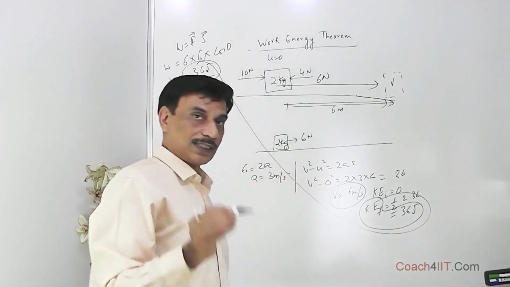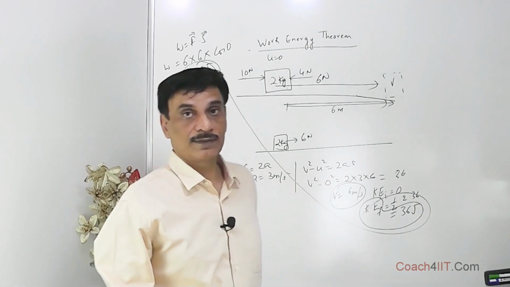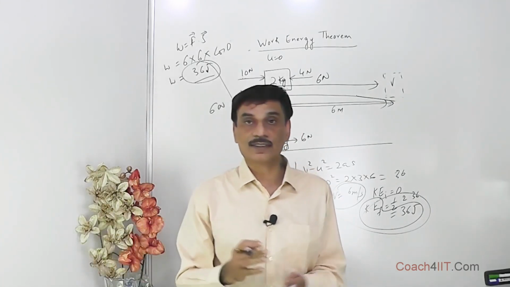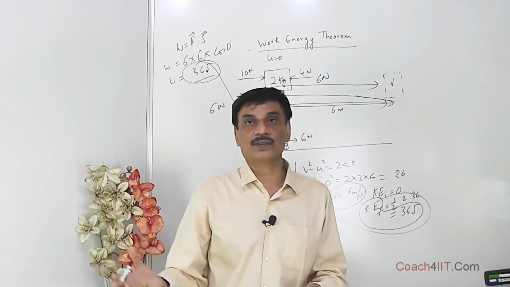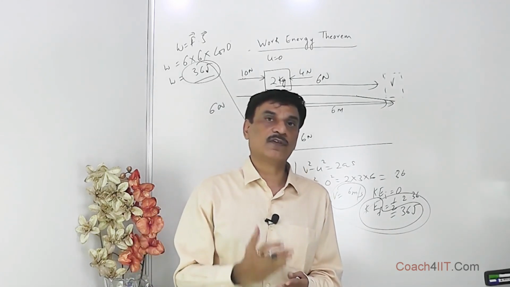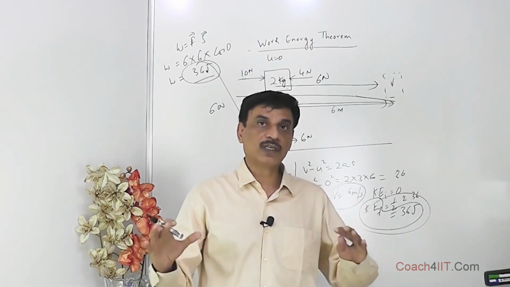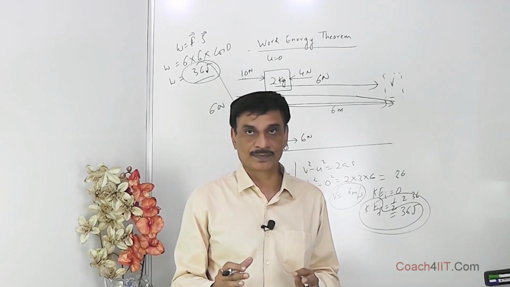Also, let's see how we add work. Work is a scalar quantity, so it can be algebraically added and subtracted, as we do. 2 plus 3 is always going to be 5. Whereas if we talk about vectors, a displacement of 2 meter plus a displacement of 3 meter may not give a displacement of 5 meter.